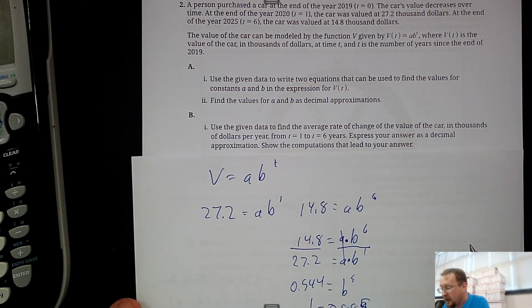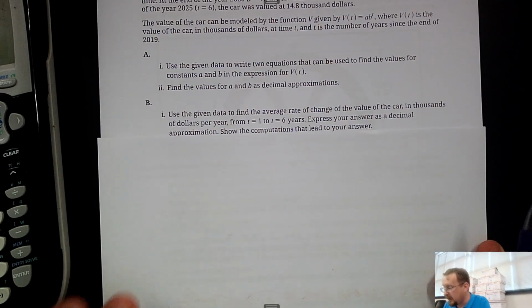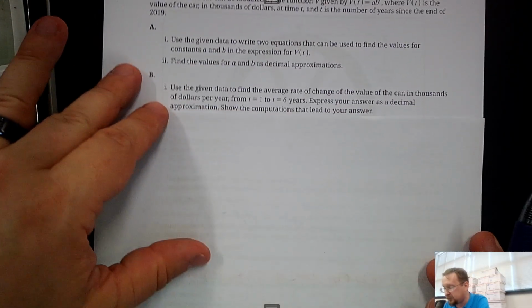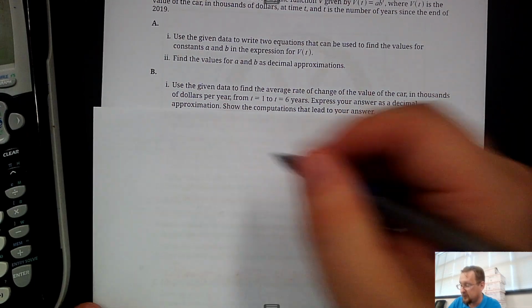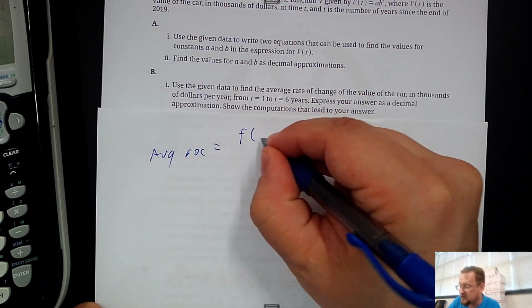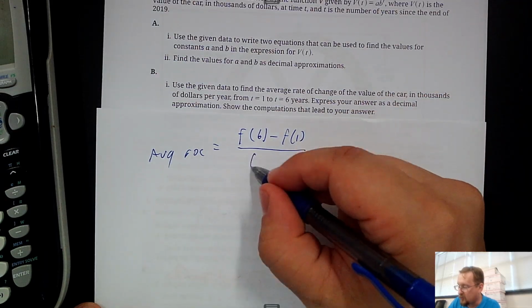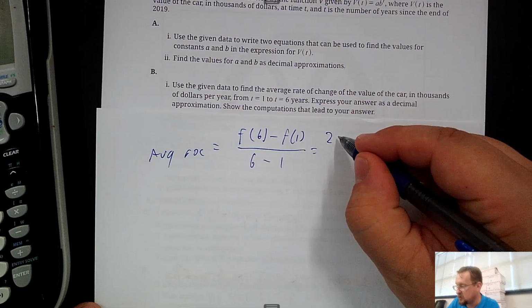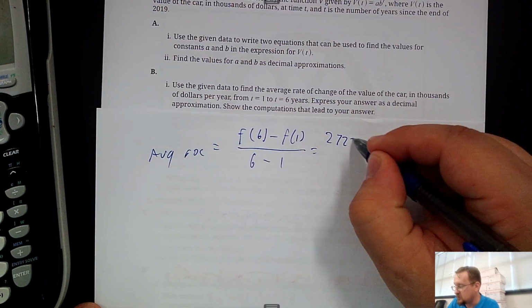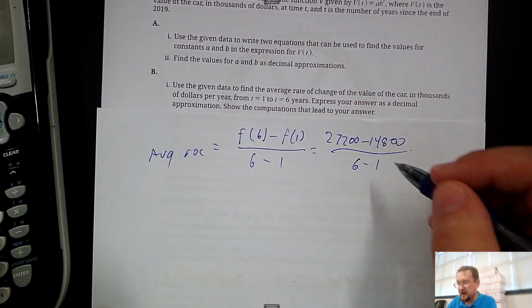Okay, I did that. All right, use the given data to find the average rate of change of the value of the car in thousands of dollars per year from time 1 to time 6, okay? So average rate of change is the function's value at 6 minus the function's value at 1, all over 6 minus 1. So that's going to be 27,200 minus 14,800 over 6 minus 1.